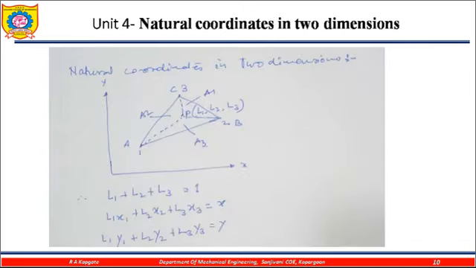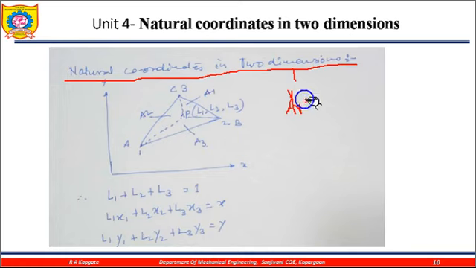Now let us move again to the natural coordinates in a two-dimension system. Sometimes a theoretical question is asked: convert the two-dimensional system into the area coordinates, or just define the area coordinates. For this area coordinates definition, we are moving on to this derivation. Here again is the same figure as in the last one.